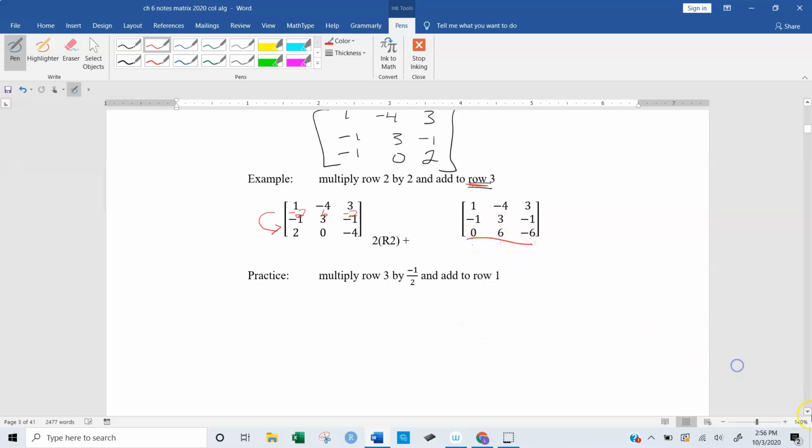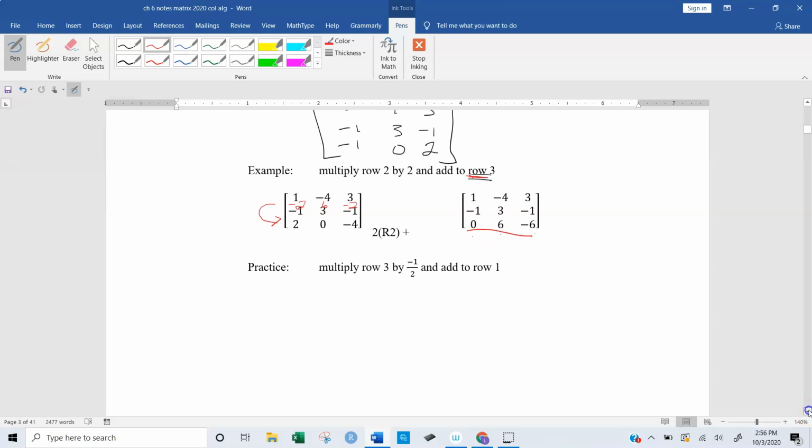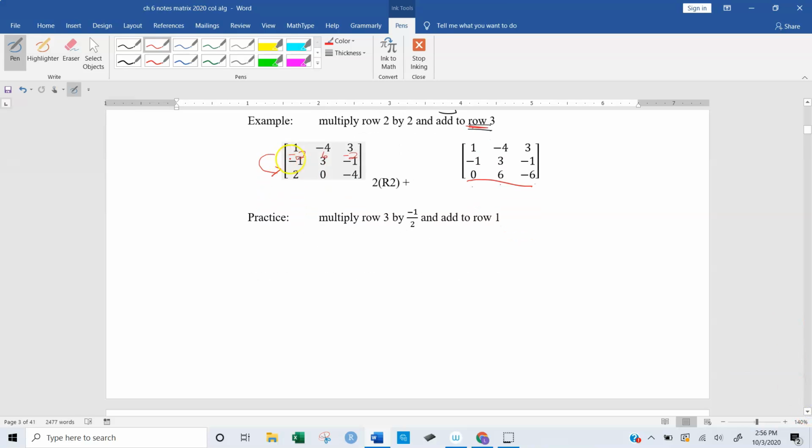Okay, I want you to practice. I want you to multiply row 3 by -1/2 and add it to row 1. You're taking this matrix right here. Okay, when you multiplied row 3 by -1/2, you should have a -1, a 0, and a 2.